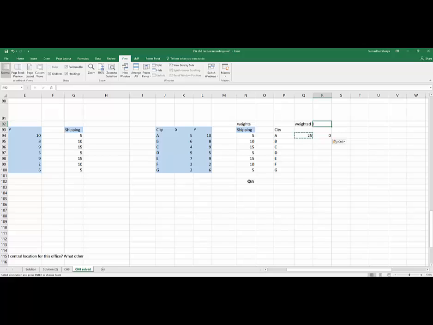Let me correct this one, coordinate times shipping. Now this is for x and this is for y, such that this one, oops, I froze the wrong cell. So let me come back here and correct this.